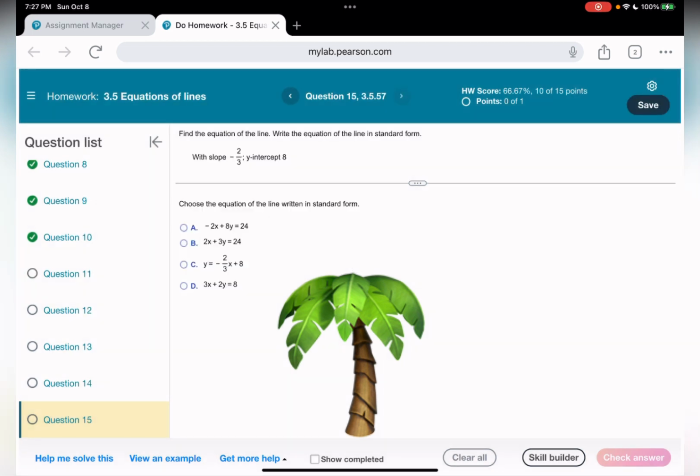15, slope and intercept 8. This is number 15. So let's do this one. Negative 2 over 3 and intercept 8.